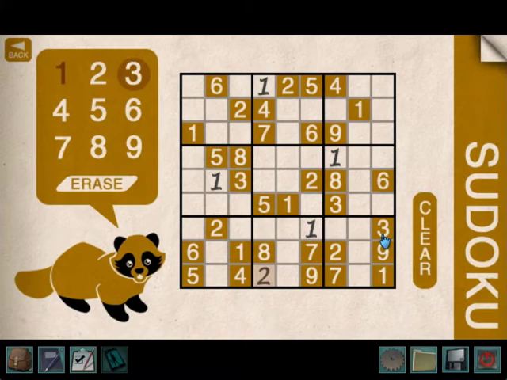I don't know if threes are really going to happen today, guys. Okay, four. I'm not sure fours are going to happen either, except for that one. Fives. Six. Okay, yeah, this one isn't quite as obvious.